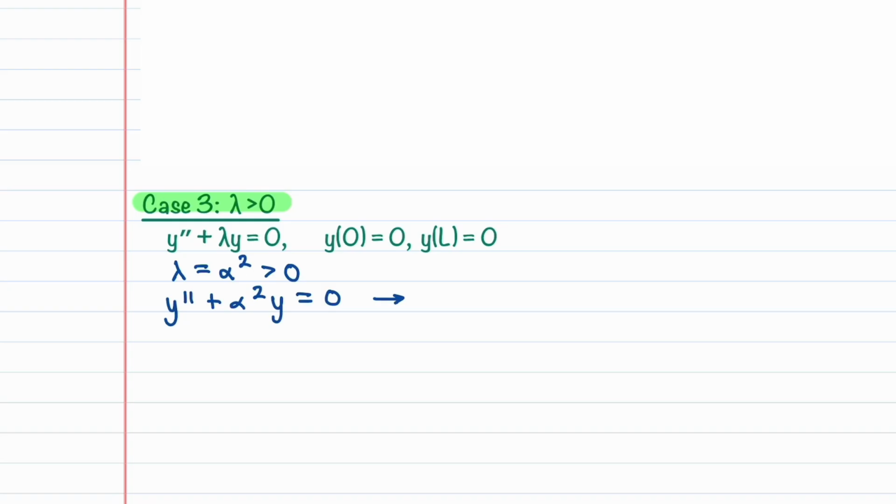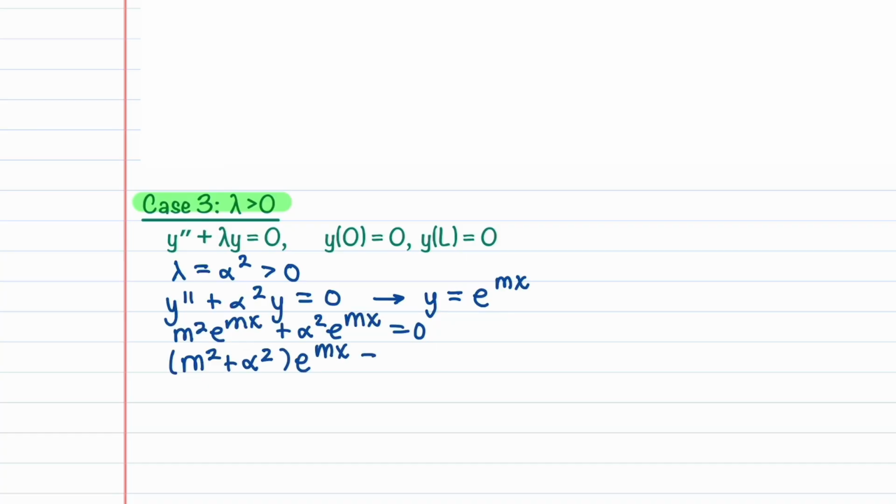Again, we get a second order constant coefficient equation, and we can assume that y takes the form of e to the mx. Plugging this in, we get m squared e to the mx plus alpha squared e to the mx is equal to 0. This gives us (m squared plus alpha squared) e to the mx is equal to 0.